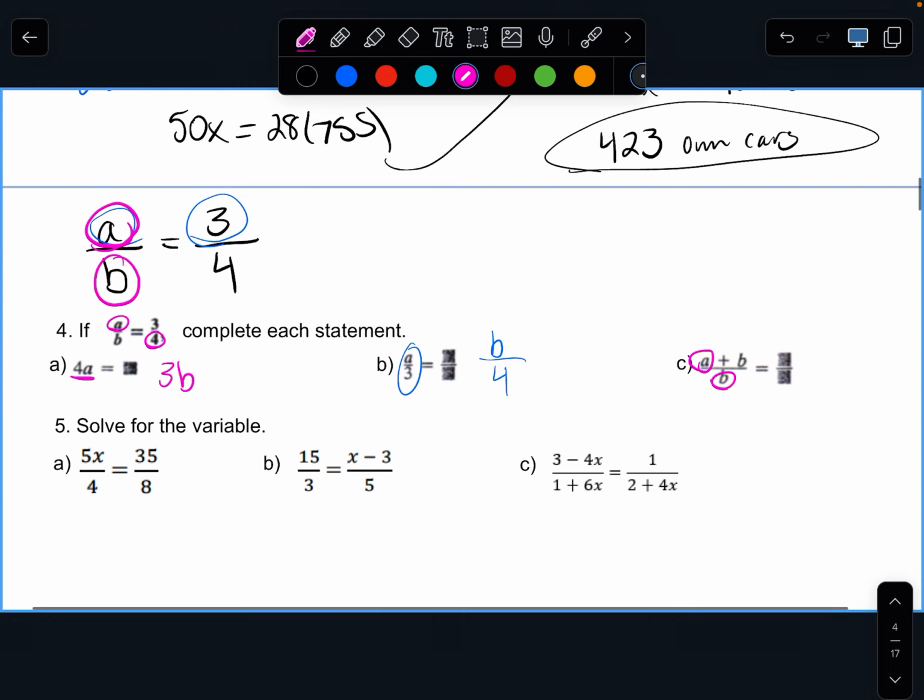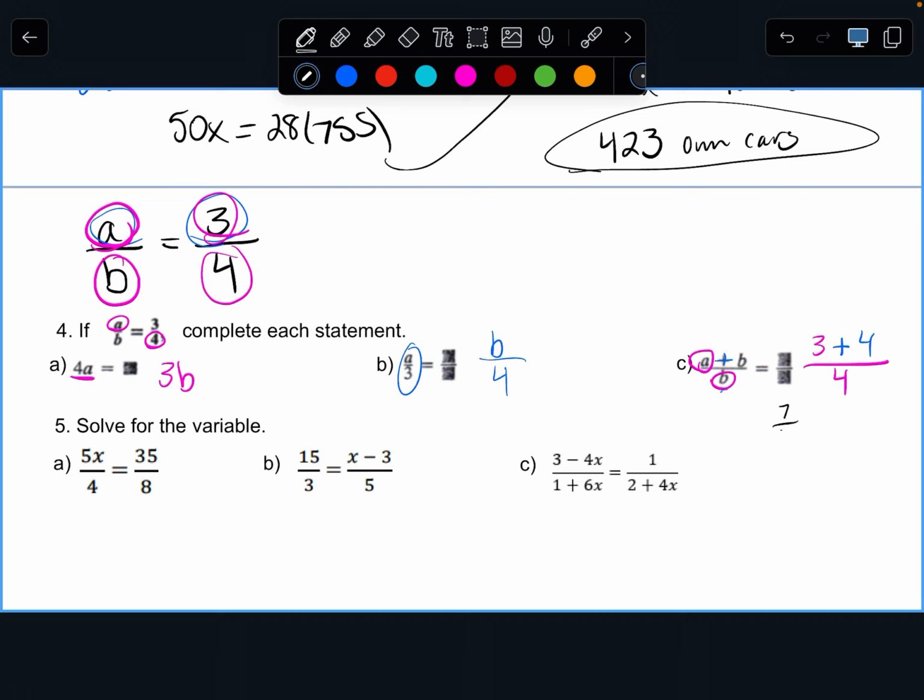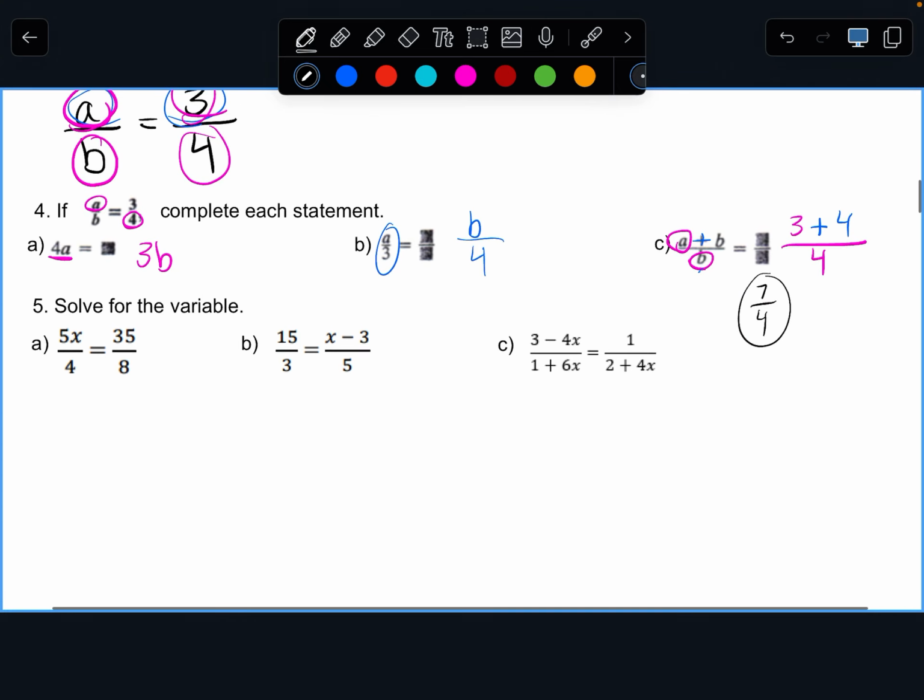If A and B stayed, you're going to keep 3 and 4, following the vibe of what it was. Then they have a plus sign, and then they added the B, which is the denominator, which is 4. Then you would simplify it to some 4s. So C is the weirdest one, but if you follow patterns, you should be able to figure it out.